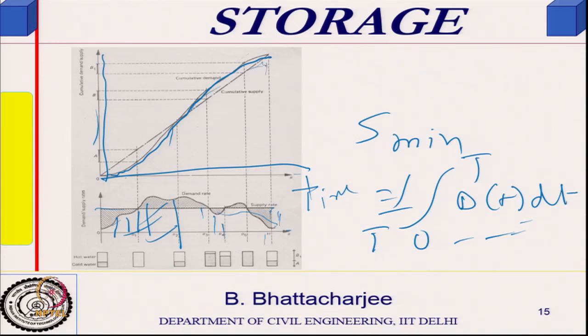So, cumulative demand would be written in this manner. Now, when you have a constant supply rate, cumulative supply would simply be a straight line. They must match here, because after the cycle, after the period, the total cumulative demand must be equal to the total cumulative supply.